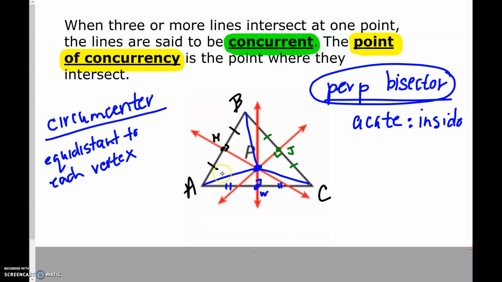So if I know that AP is 15, then you know that PB is also 15. If you know that AM is 8, then you know that MB is also 8, because that is at the midpoint. Okay, so that is an acute triangle.